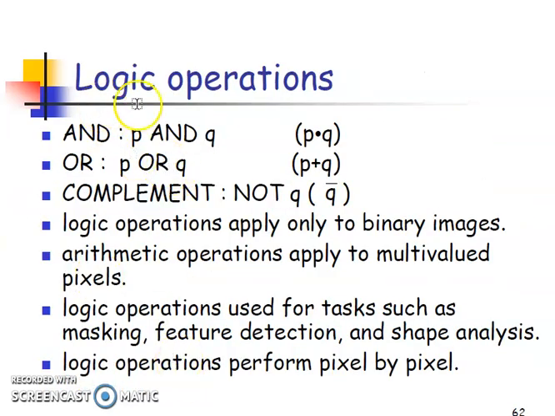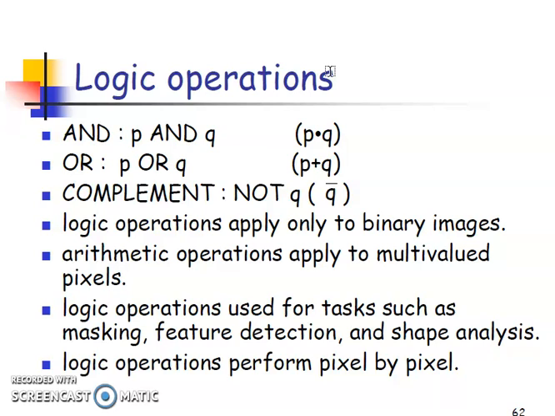Next operations are logical operations. Logical operations like AND, OR or complement are also applicable for images. In case of AND, we can perform P and Q. In case of OR, we can perform P or Q, that means P plus Q, and for complement we can perform NOT of Q. So these logical operations are applicable especially for binary images.